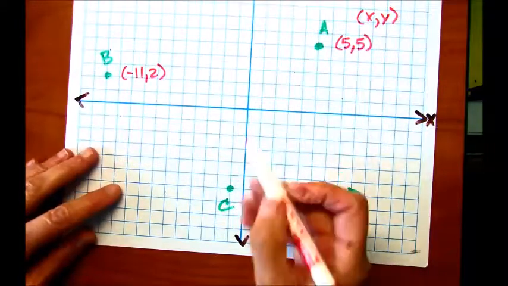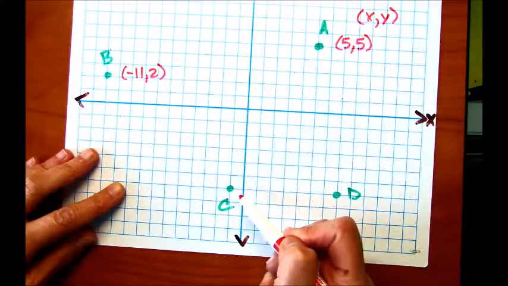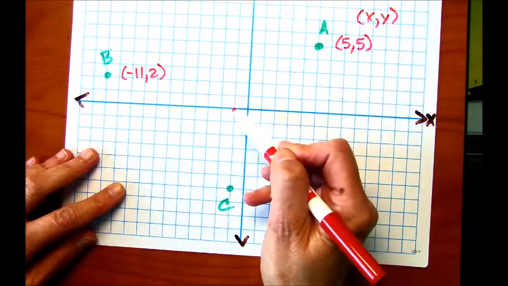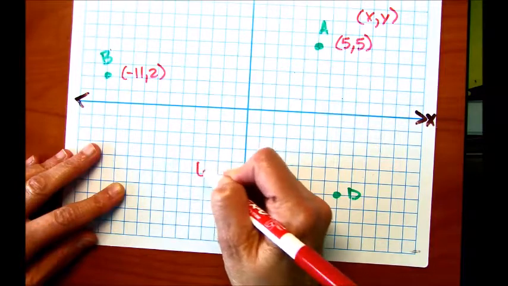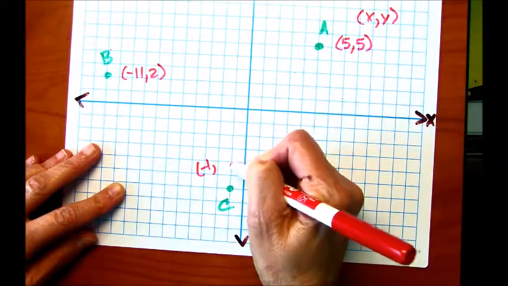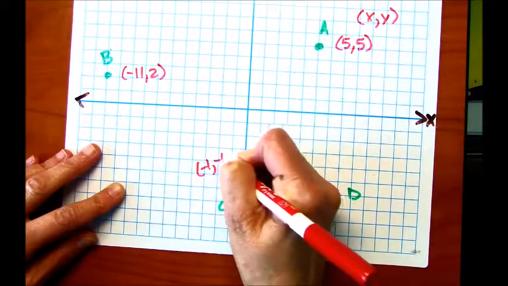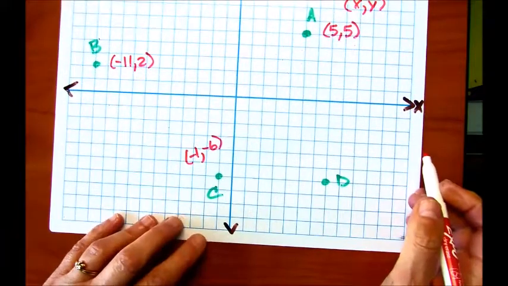For the C value, our x is going to be negative, and so is our y. Notice we're just going across 1, so that'd be negative 1. But we're going down 1, 2, 3, 4, 5, 6, so that'd be negative 6. Negative 1, comma, negative 6.